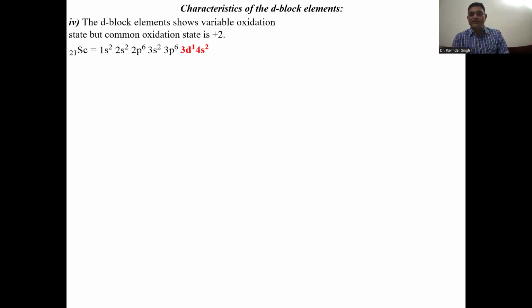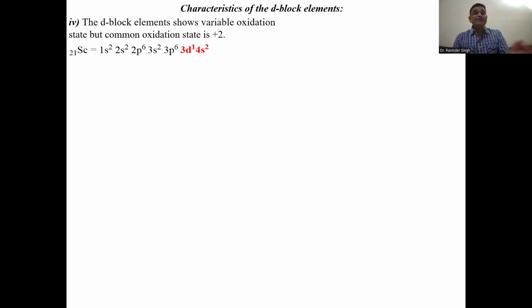You will write the answer in that way after writing the configuration. Whenever the question is asked, what is the common oxidation state of the d block element, you will write +2. For reasoning, you must write the electronic configuration of 1, 2, 3 elements, which shows that there are 2 electrons in their valence shell which can be lost easily. So you must give an example to explain the common oxidation state +2.